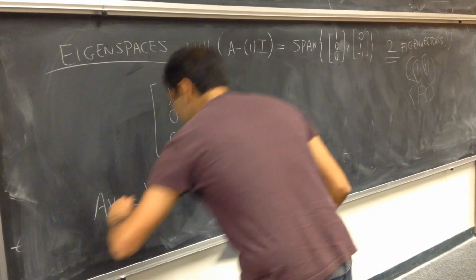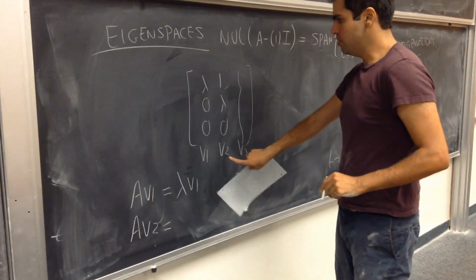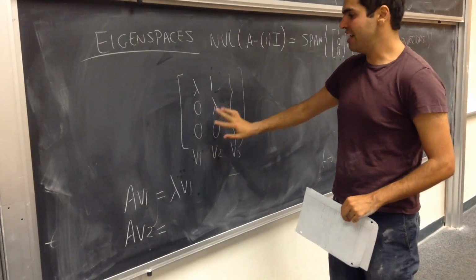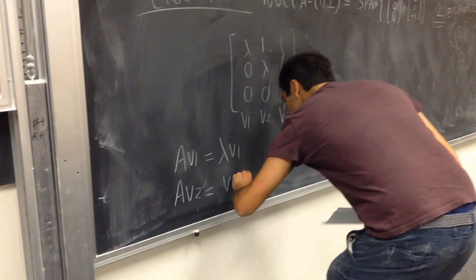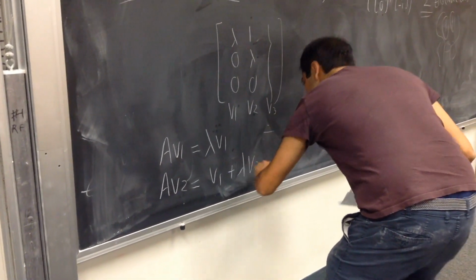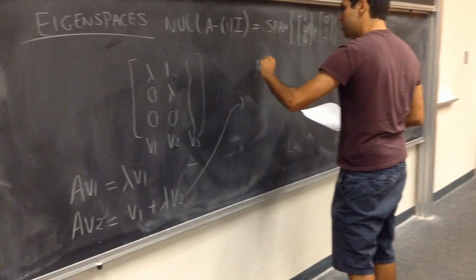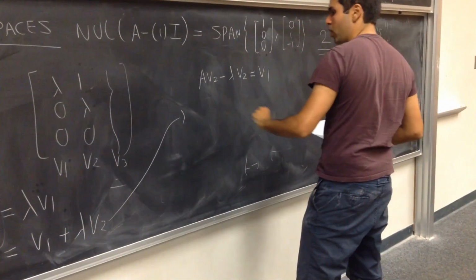On the other hand, let's see what this means. Technically, if you apply A to v2, so the second column, you get 1 times the first vector plus lambda times the second vector, which is v1 plus lambda v2. Let's rewrite this. You get A v2 minus lambda v2 equals v1.